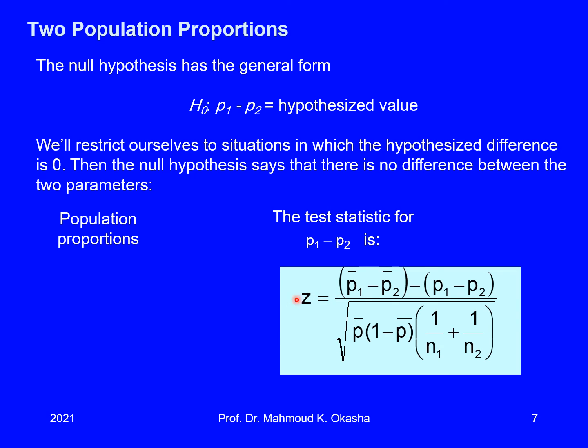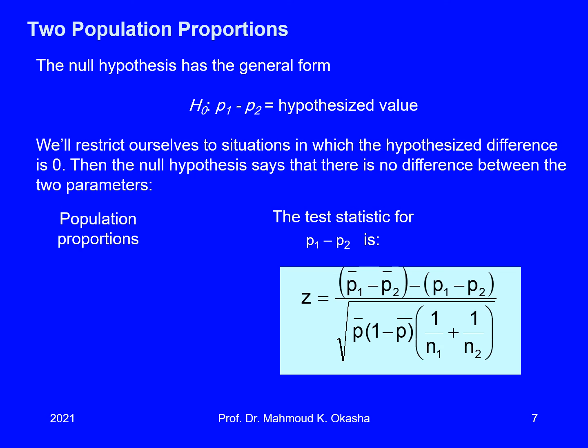Then this is the test statistic, and this is the pooled P. So it is easy to calculate in the case of large sample size, right? And this is the sampling distribution, and we follow the same steps as usual. Nothing too difficult.